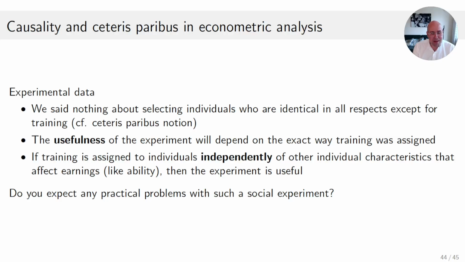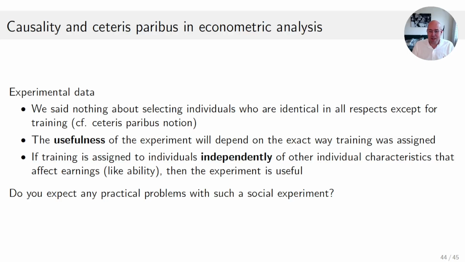Now, here in economics, or in the context of training programs, for instance, this is much harder. So there are lots and lots of practical problems that could arise. For instance, we could simply assign people to a treatment condition like the training program, but they might not follow this advice, right?